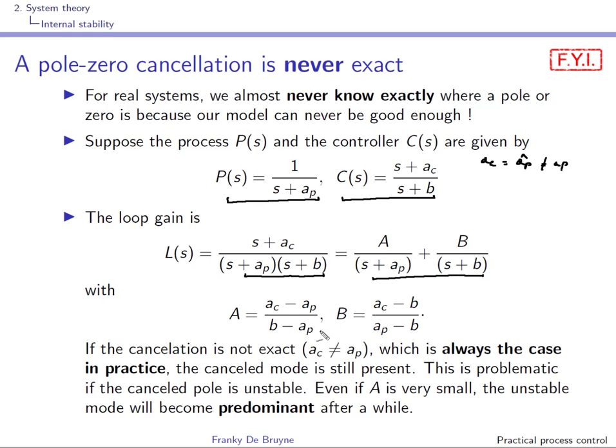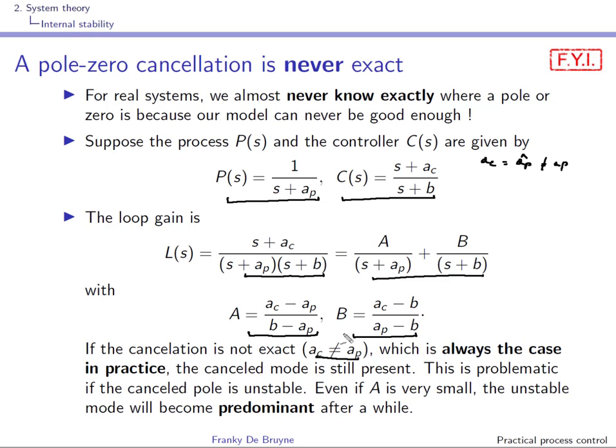You will see that A is given by this expression and B by this expression, and you can see that when AC and AP are equal, then obviously this one will be 0, this one will be 1, and you're left with 1 over S plus B. But in practice, of course, your estimate of AP will be different to AP, so this one might be very small, but it's still there. So the cancellation is not exact.